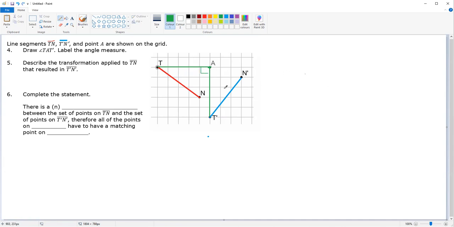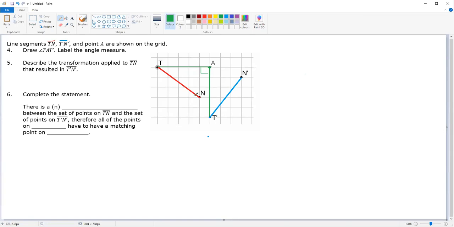Okay, so describe the transformation applied from TN to my blue, from my red to my blue. All right, so this is going to rotate 90 degrees and looks like it's going to rotate clockwise. Oh wait a minute. N is here, and T's here.